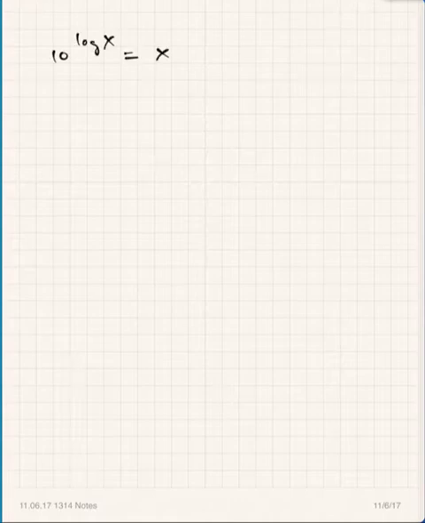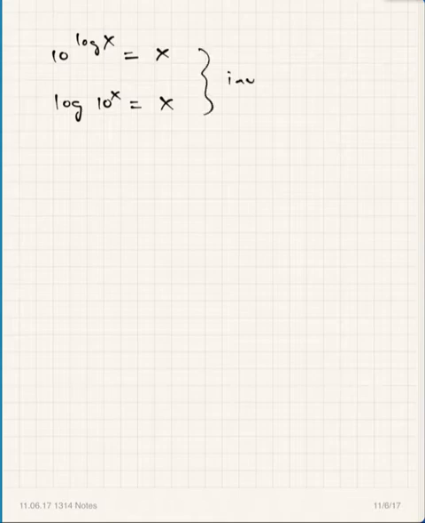So I'm going to put those properties right next to each other: 10 to the log of x is equal to x, and log of 10 to the x is equal to x. These are both examples of what we call inverse cancellation, which we've talked about before.